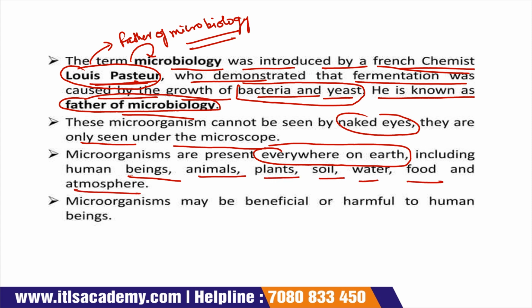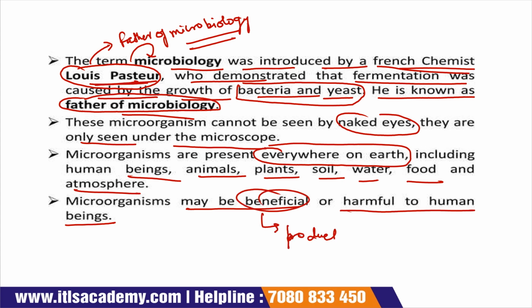Microorganisms may be beneficial or harmful to human beings. If they are beneficial, they can be used for the production of food, and if they are harmful, they have the capability to cause disease in human beings.